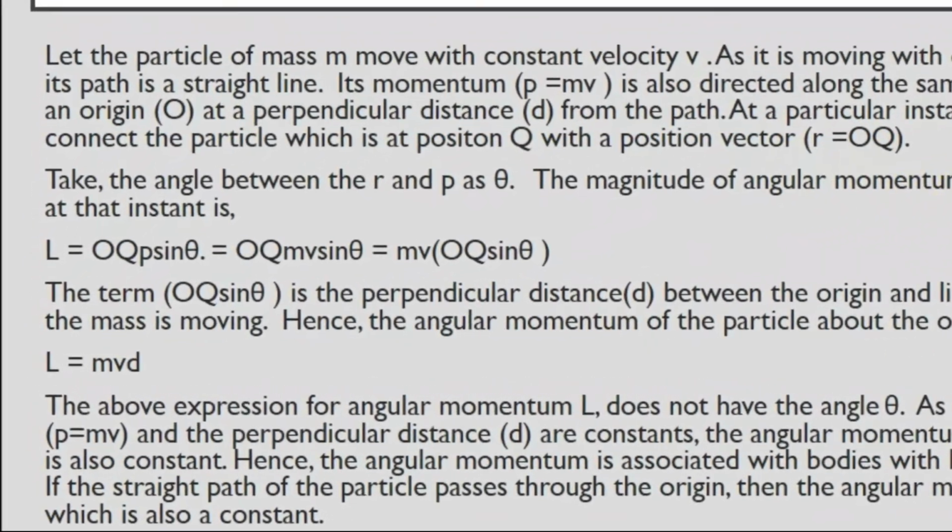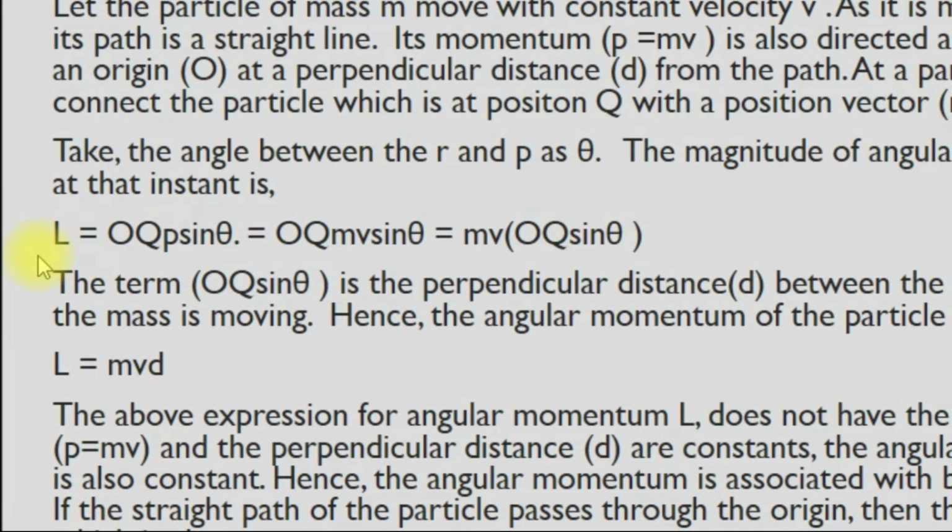So the magnitude of the angular momentum is given by L is equal to r P sin theta. We have here, instead of r, the length OQ. So OQ into P sin theta, and we know that P is mv. So it is OQ into mv sin theta. So take mv outside and take OQ inside. We have mv into OQ sin theta.